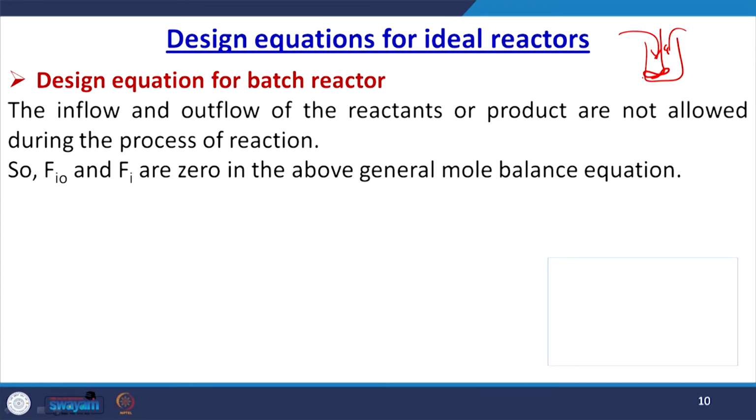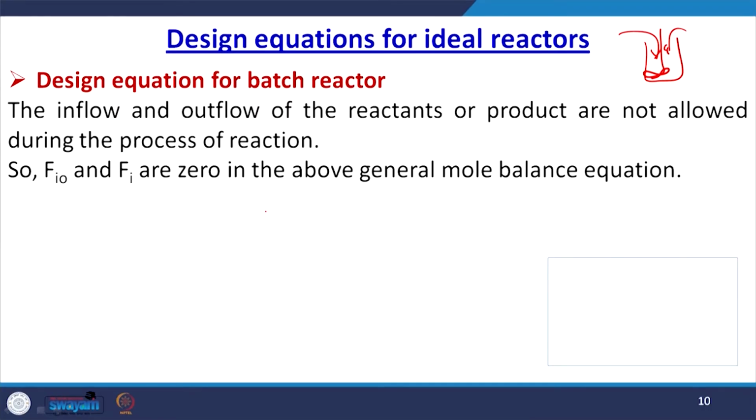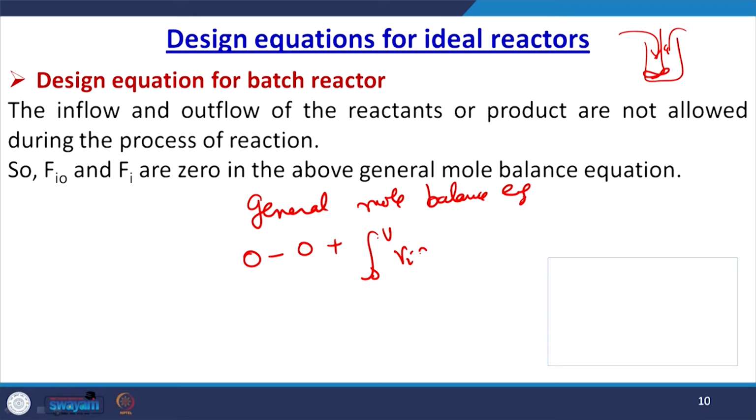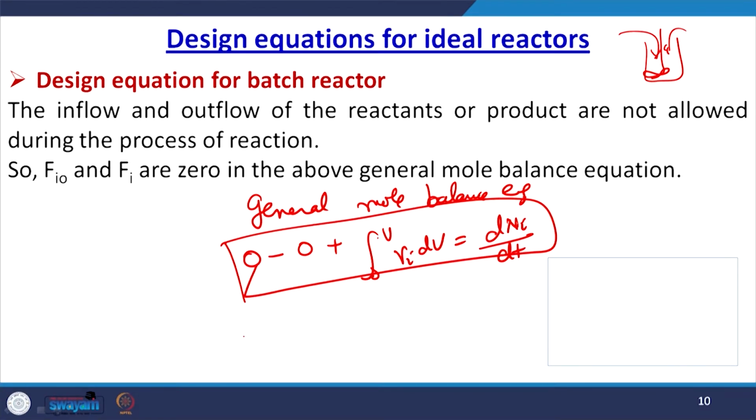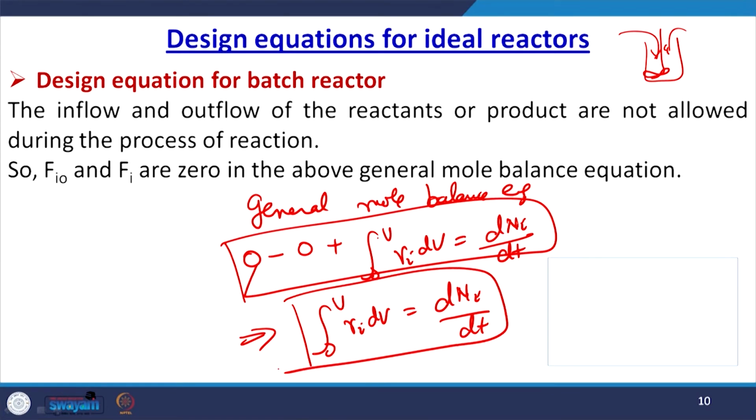So if we say that Fi naught and Fi are 0 in the generalized mole balance equation which we developed in the earlier concept, the general mole balance equation we can write as dNi upon dt equals the rate term. So this is the general mole balance equation.